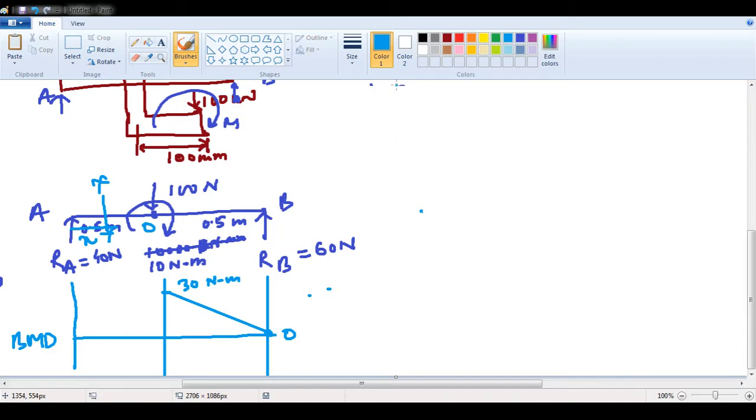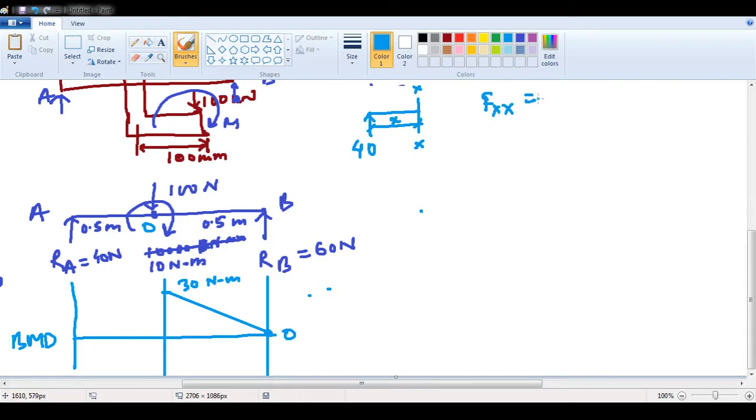So how it looks, this will be something like this, XX, a load 40 Newton at a distance of x.